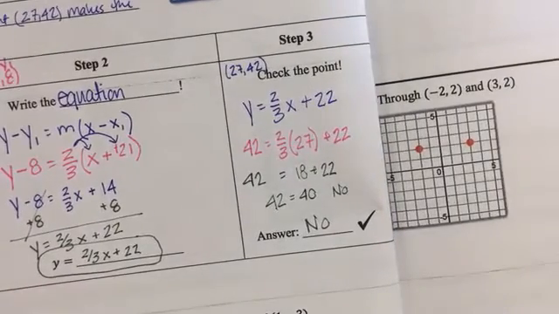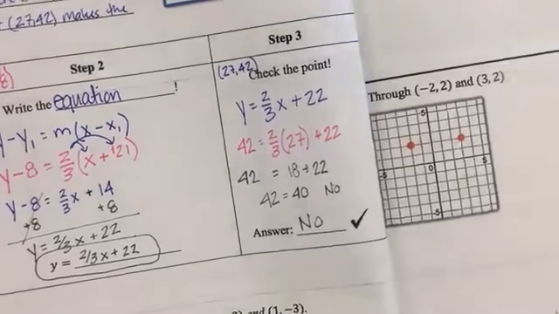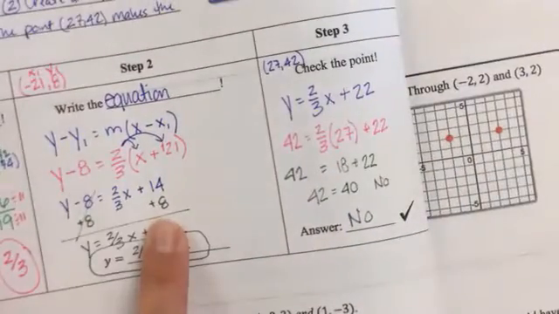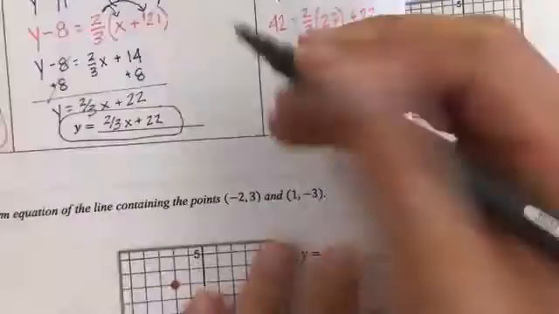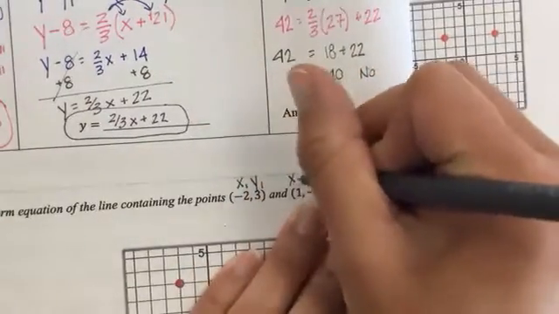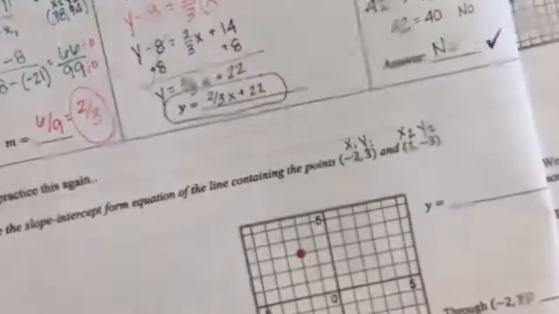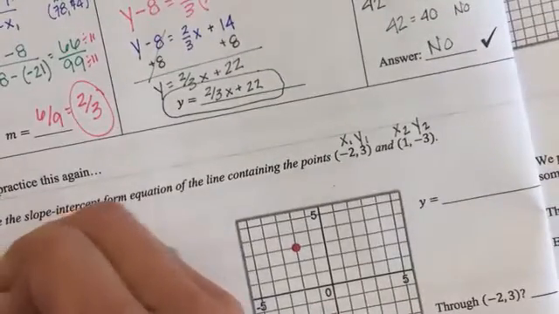Okay, so it says write the slope-intercept formula of the line containing the points. So we are basically just doing step 1 and step 2. The first thing that we're going to do is find our slope: x1, y1, x2, y2.